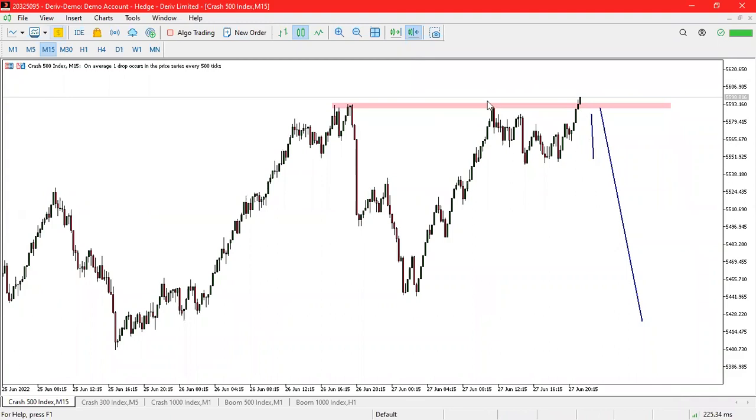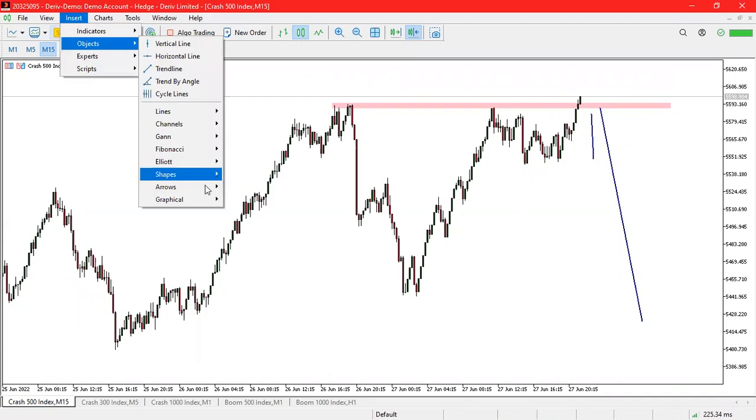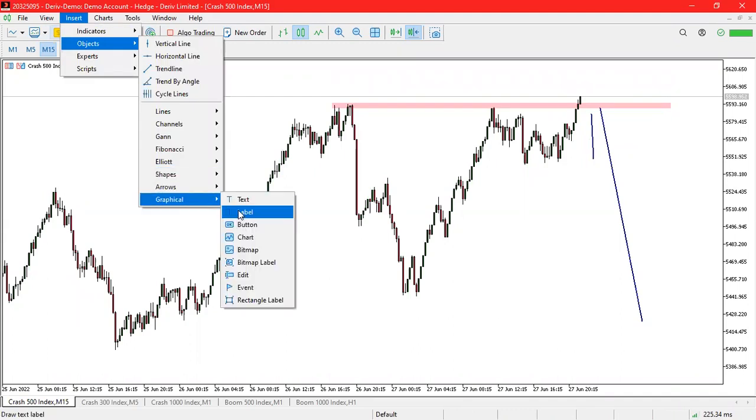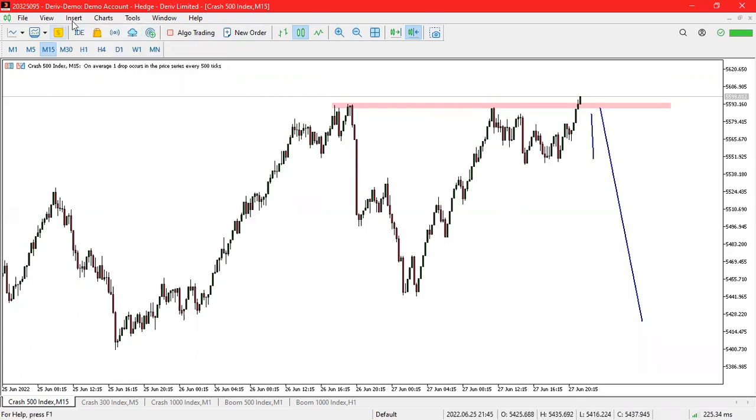So by the time it pushes up, remember what's happening above this level. Above this level there is something like this. What's that thing? Is it this one? Let's see. It's not this one, it's this one. Yeah, there is this.